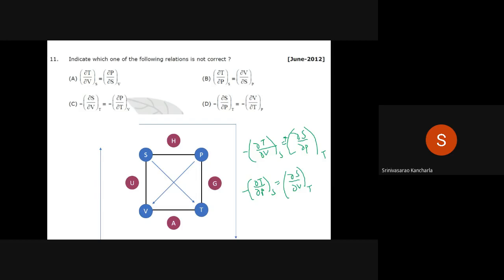Yeah, can we write this as negative of the reverse order? I guess we discussed that. Suppose you want to reciprocally change it.